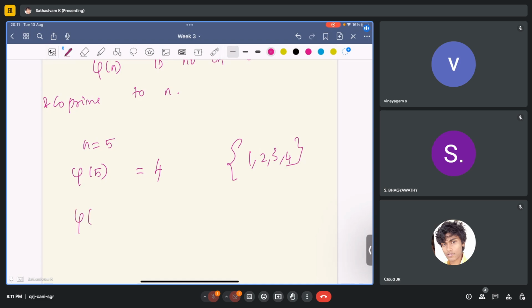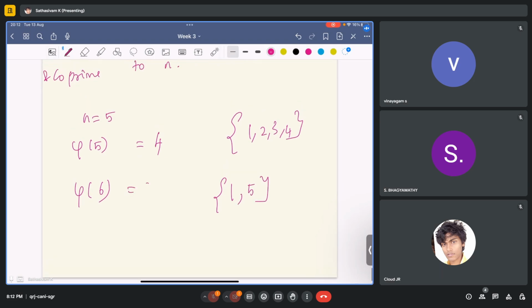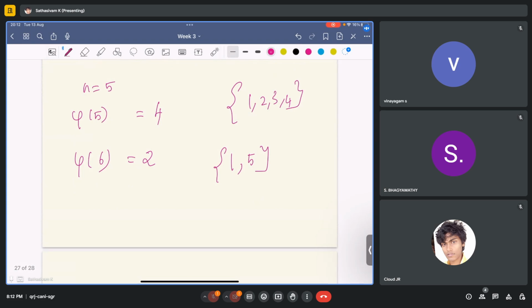So what is phi of 6? Let's look at the numbers that are less than 6 and coprime to 6. 1 will be there. 2 will not be there because 2 has a common factor with 6, so it's not coprime. 3 is not coprime, 4 is not coprime, 5 is coprime to 6. So this is 2. Basically, look at all the numbers that are coprime to n, and the size of that set is phi of n.